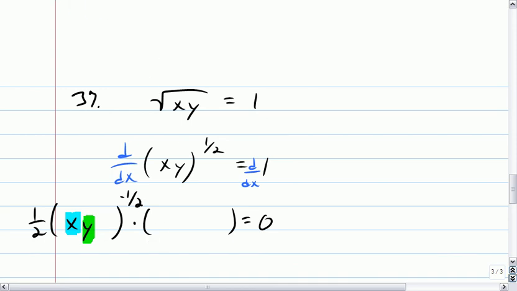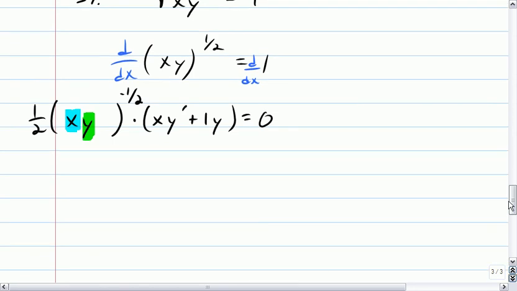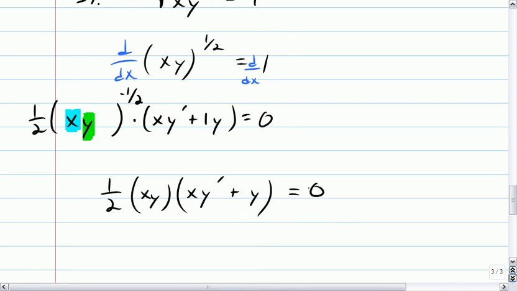So product rule would say leave the x alone. What's the derivative of y with respect to x? It's y prime. Plus, take the derivative of x with respect to x, leave the y alone. So you are sitting with negative 1/2 xy to the negative 1/2 times xy prime plus y equals 0.